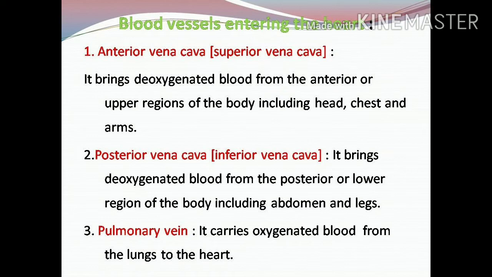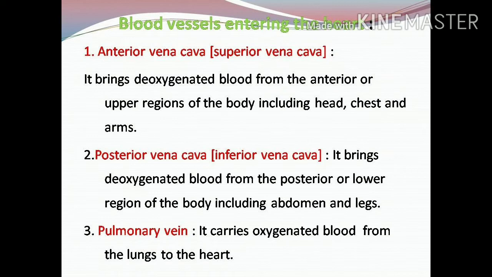It brings deoxygenated blood from the anterior or upper regions of the body, including head, chest and arms. Then it pumps that deoxygenated blood into the right atrium or right auricle.